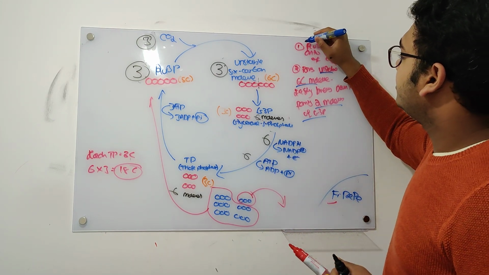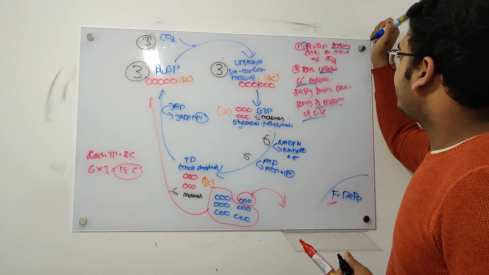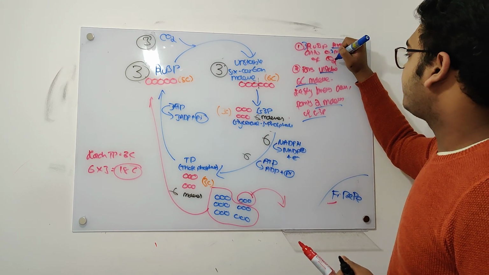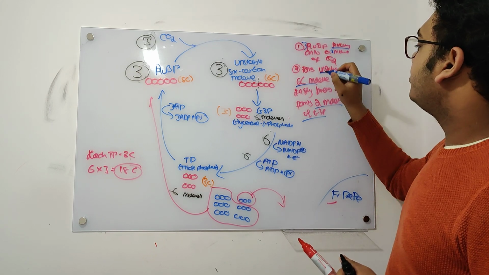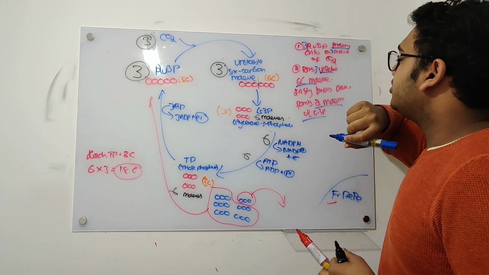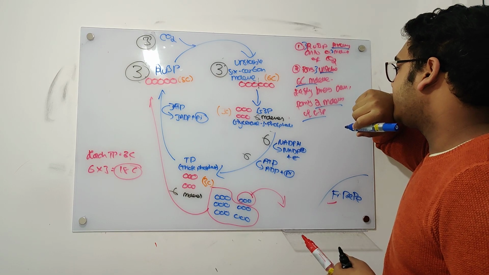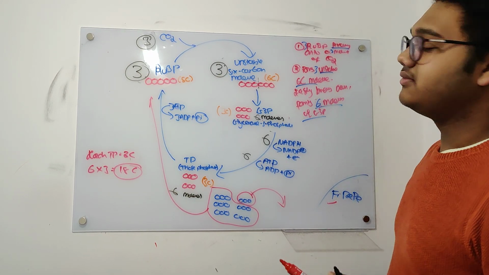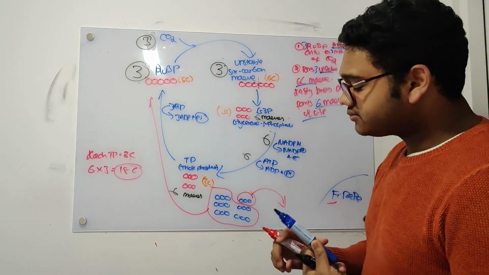So over here, 3 RuBP molecules fix onto 3 molecules of carbon dioxide, forming 3 molecules of an unstable 6-carbon molecule, which easily breaks down to form 6 molecules of G3P.